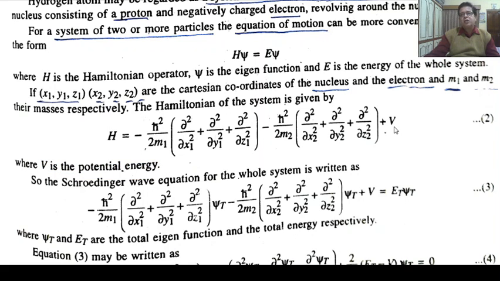Kinetic energy plus potential energy, and there are two terms for kinetic energy, one for the nucleus, second one for the electron.